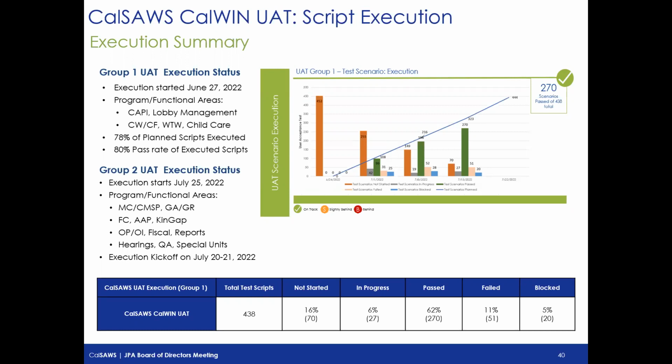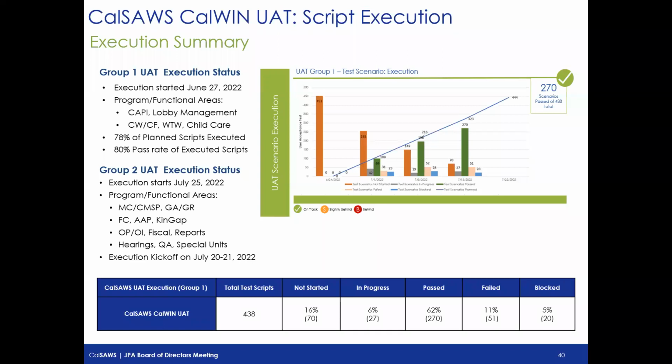Our group 2 will start on Monday, and the focus for the program and functional areas include Medi-Cal CMSP, GAGR, foster care AAP and KINGAP, OPOI, fiscal and reports, special units, including hearings and QA.